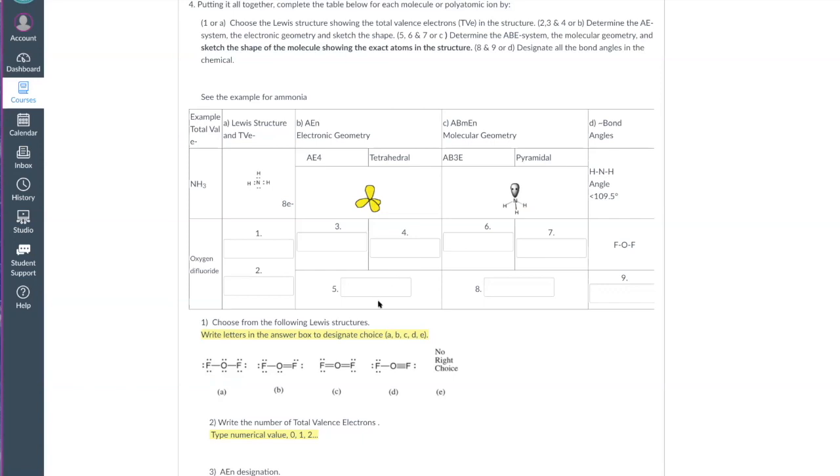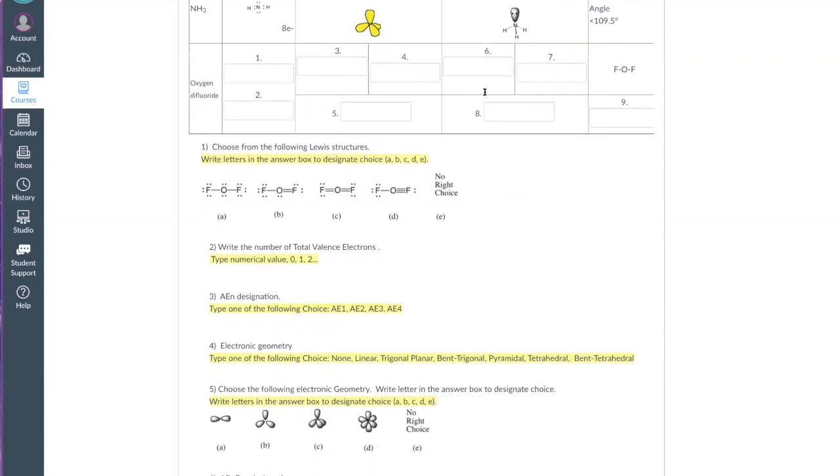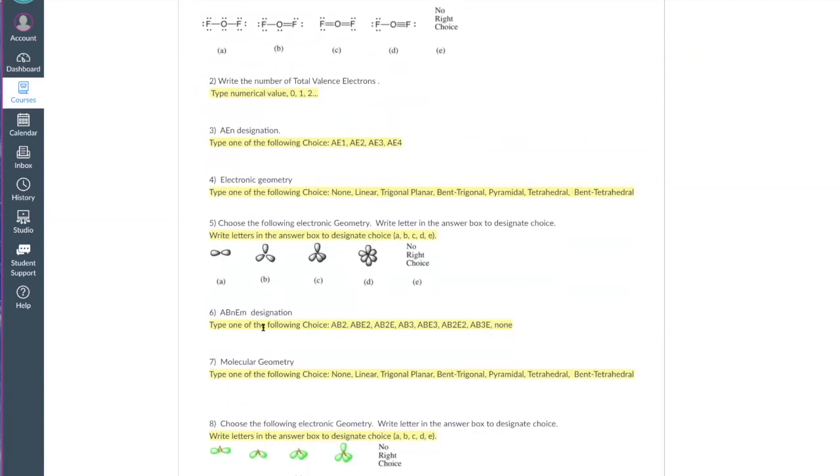AE4, tetrahedral, and for number 5, we're looking at that shape, tetrahedral. For number 6, what we have is type of designation. We said it was AB2E2 right here. You want to type that in. Molecular geometry, we said it was bent tetrahedral because the skeleton is tetrahedral. It's different from bent trigonal.